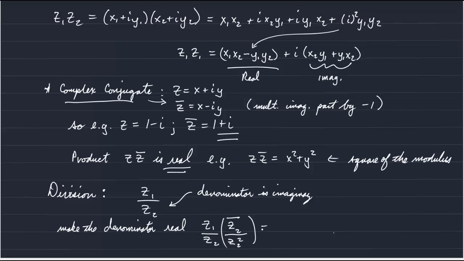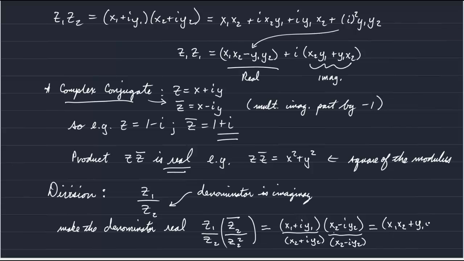Right? And that gives x1 plus iy1 all over x2 plus iy2, times x2 minus iy2, that's the complex conjugate of z2, divided by x2 minus iy2, and that gives x1 x2 plus y1 y2 divided by x2 squared plus y2 squared, and that's the real part.